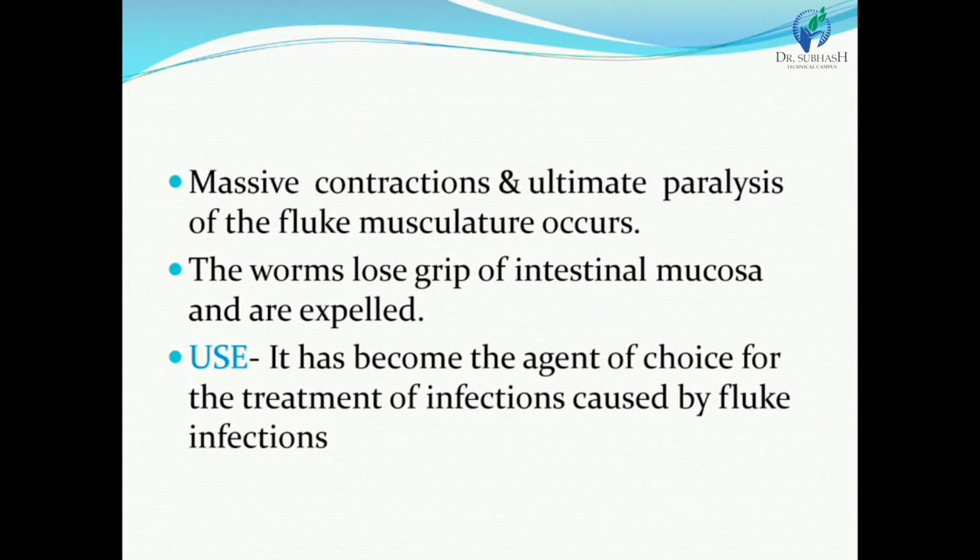Massive contractions and the ultimate paralysis of the fluke musculature occurs. The worms may lose their grip on the intestinal mucosa, and they will be removed from the site of intestinal mucosa and expelled out from the body in the feces.